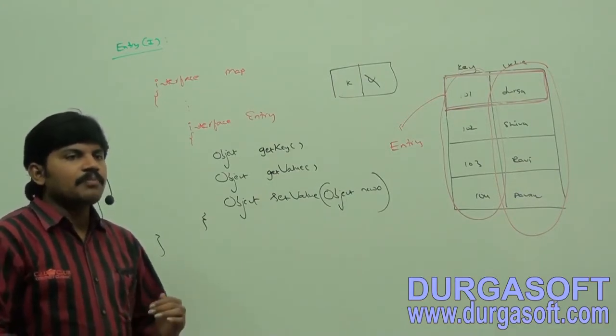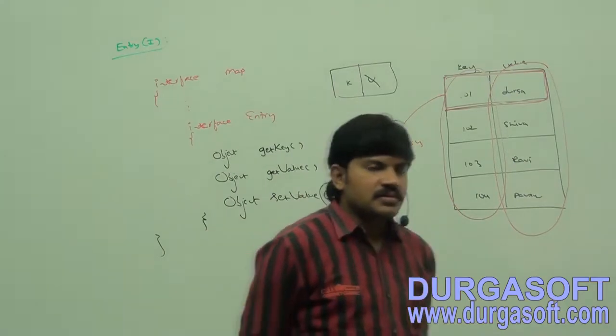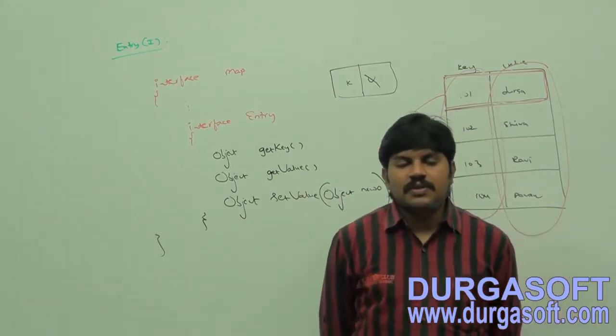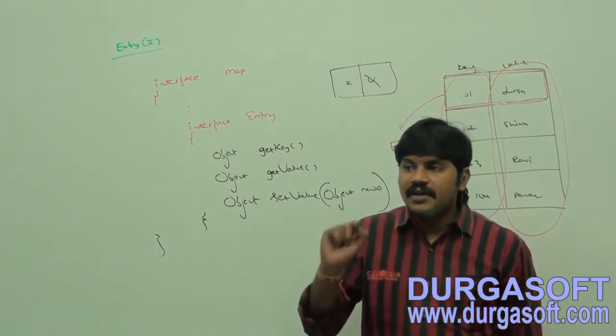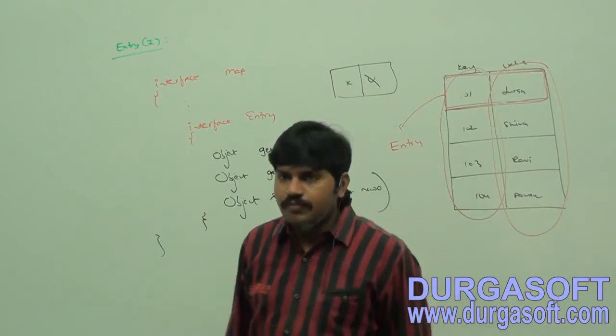Hence, Map is considered as a collection of entry objects.